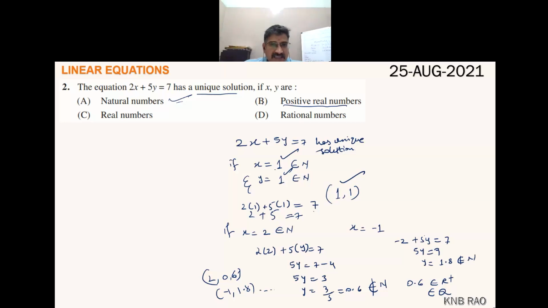Understood? Okay, sir. Only 1 comma 1 satisfies where x and y together are natural numbers. That is the unique solution in natural numbers. So that is the right answer. Now I am closing the poll.